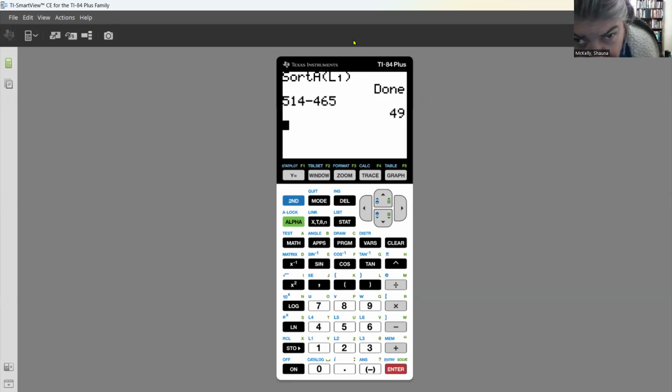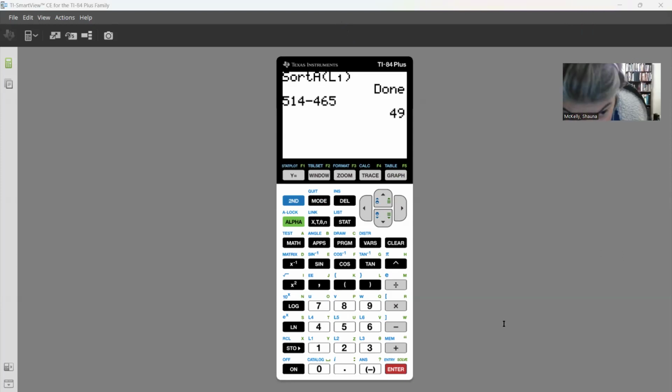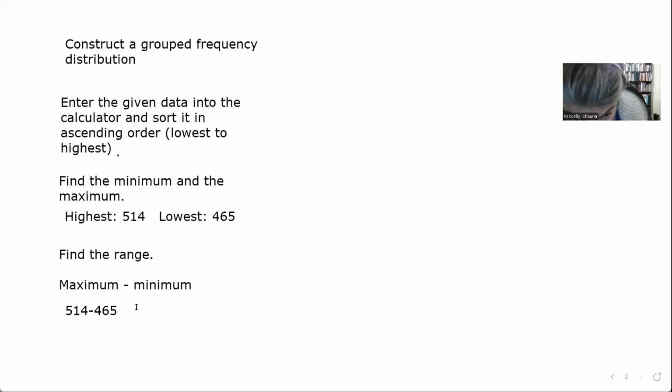Okay, so this is 49. Now, what I'm going to do then is I'm going to say, okay, this is 49. Now I'm going to find the class width.